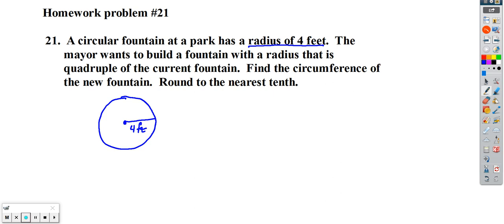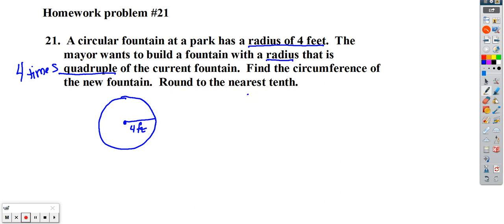But he wants to build a very large fountain that's quadruple. Remember, quadruple is just 4 times bigger. Quadruple the current fountain. So it has a radius that's quadruple.